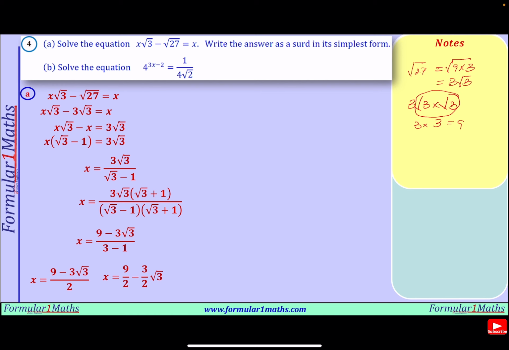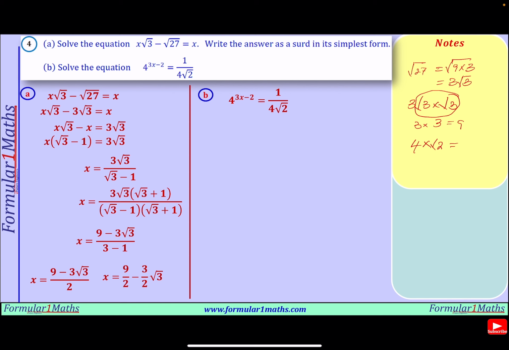So that's A. For B, the best thing to do is to write this as a power of 2 and write the denominator here as a power of 2. We simply know that this as a power of 2 is 2 squared. But how about this one here? So we have 4 times root 2.